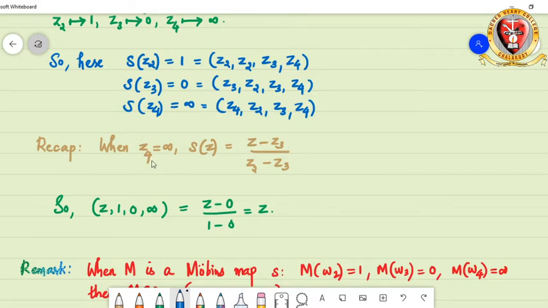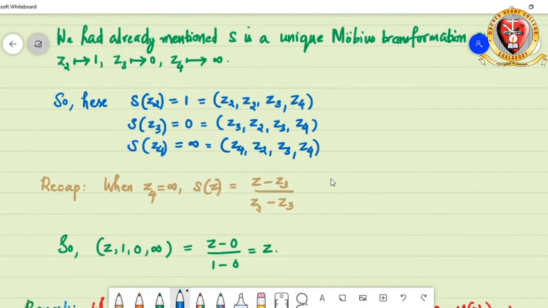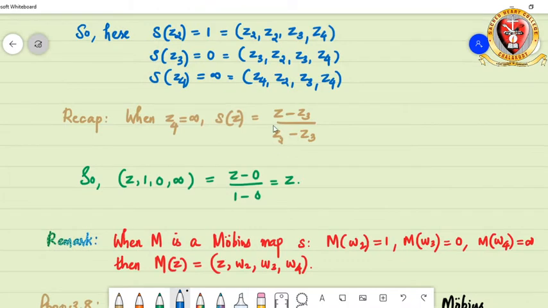So that is the condition here, z4 is equal to infinity. So the definition of S of z is this one, (z minus z3) divided by (z2 minus z3). So here z3 is 0 and z2 is 1. So (z minus 0) divided by (1 minus 0), which is equal to z. That is a neat observation from there.